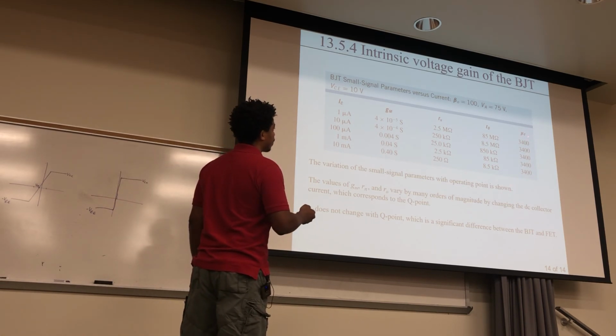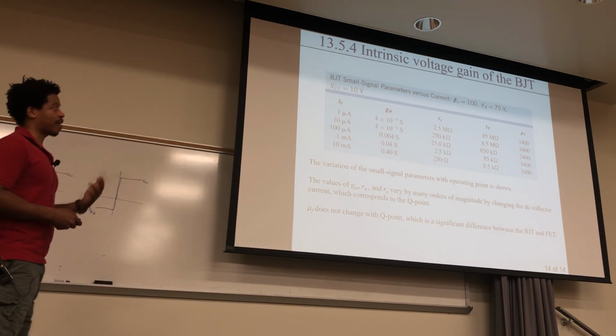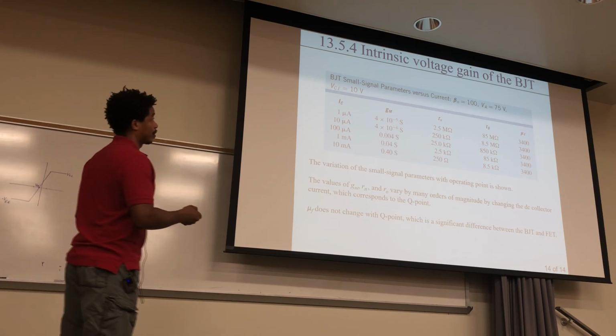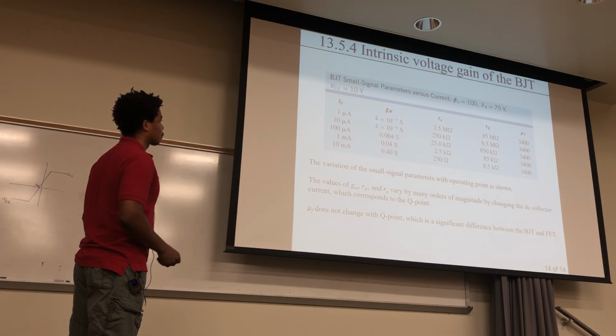Now this mu f, as you can see, doesn't change at all. But that's for the BJT, and the book says we'll find out for the FET that's not true. It's a function of IC for the FET, but for the BJT, this is pretty constant.